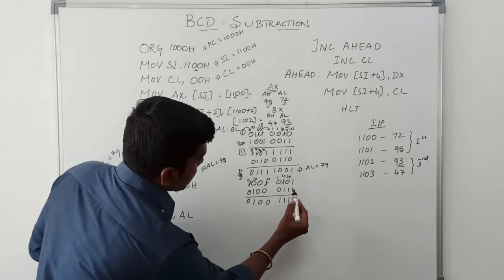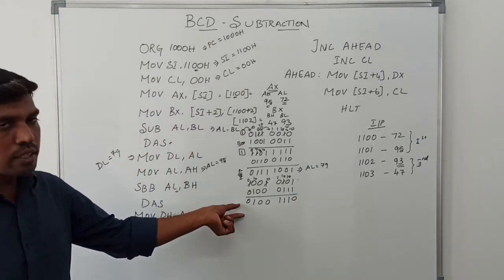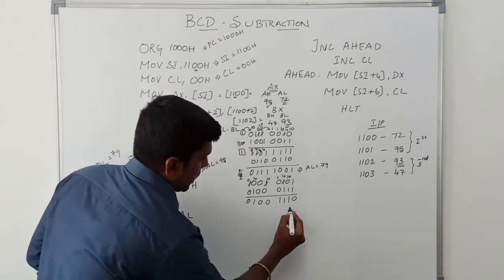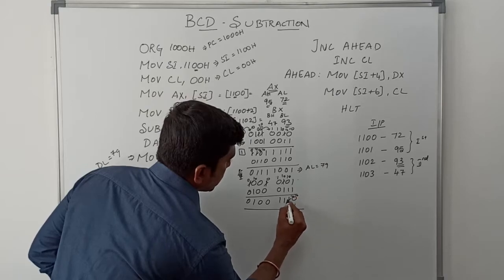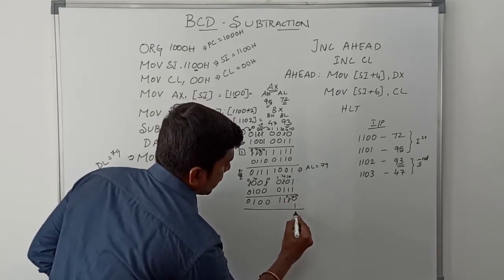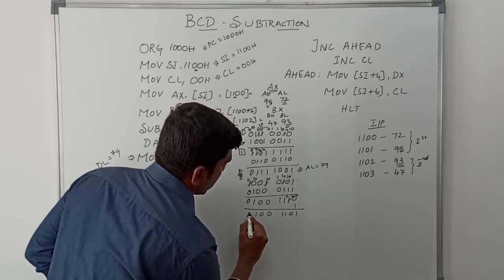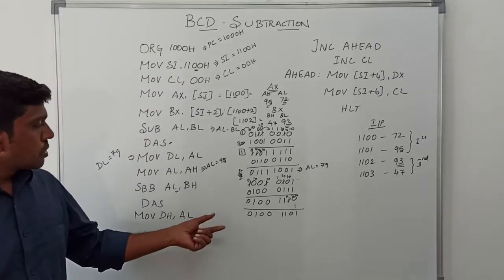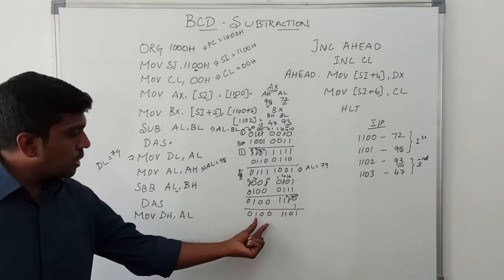Once again, you are subtracting the AL value and the BH value. After getting the result, you subtract the borrow value. The borrow value is 1. So 10 minus 1, this value goes to 0 because this 1 is taken as borrow. So 10 minus 1 1, 0 11 0 0 1 0. After subtracting with borrow the AL register and the BH register, you get the result.